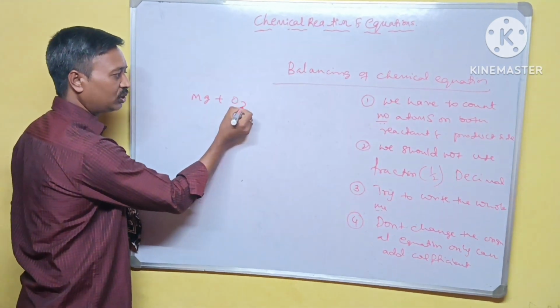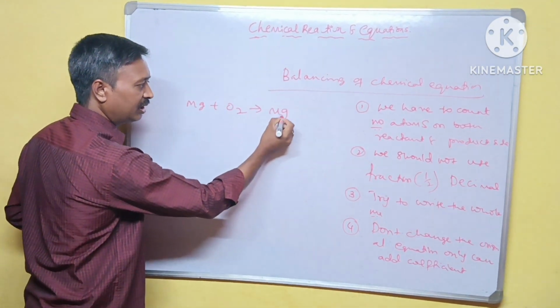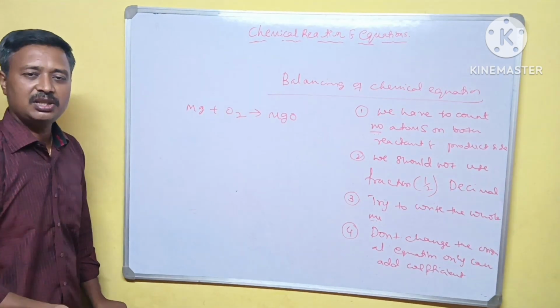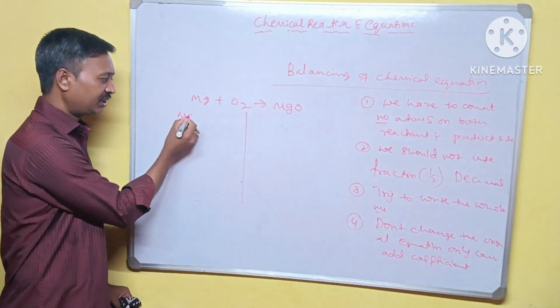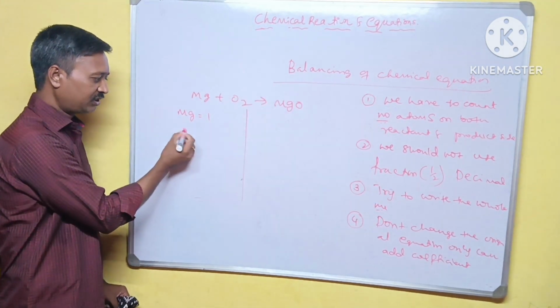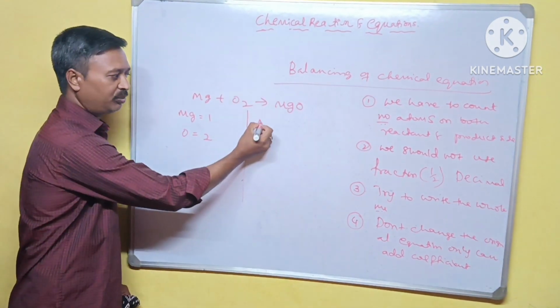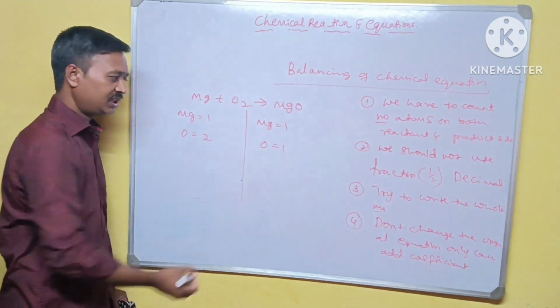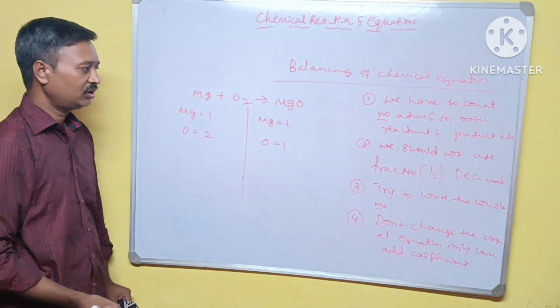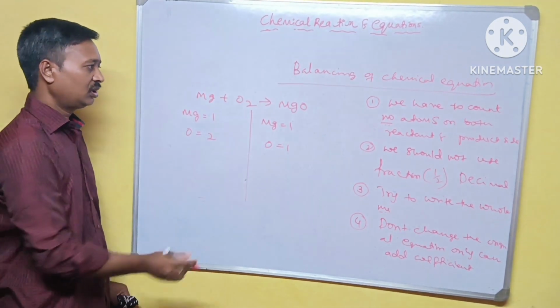Mg plus O2 gives MgO. How many Mg? Magnesium is 1. How many oxygen? 2. On that side, how many Mg? 1. How many oxygen? 1. Is it balanced? No. So what we have to do now?